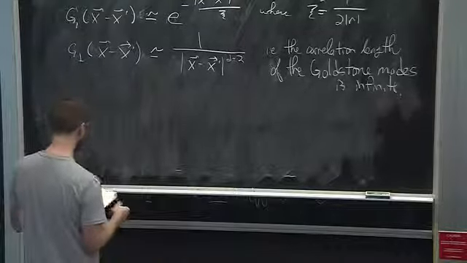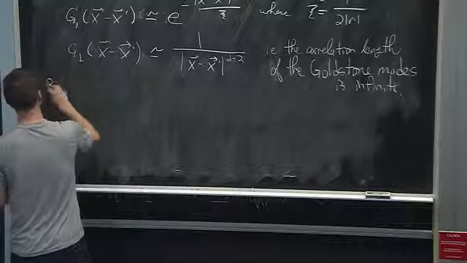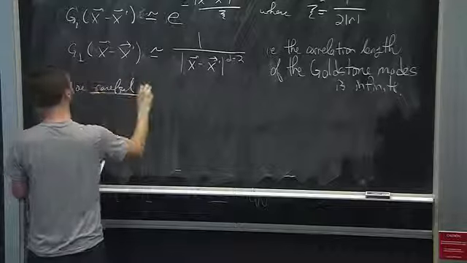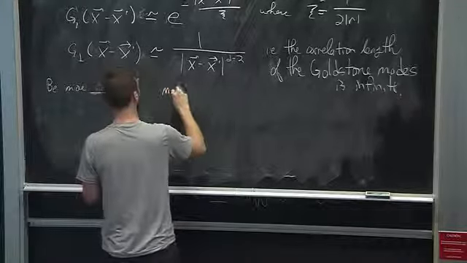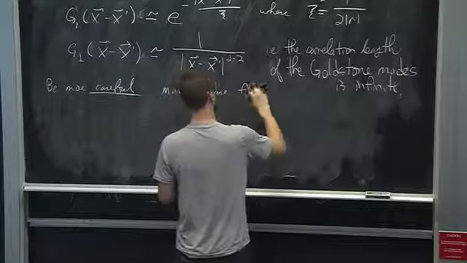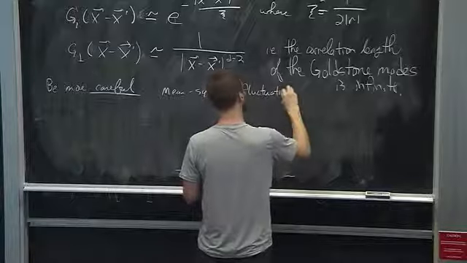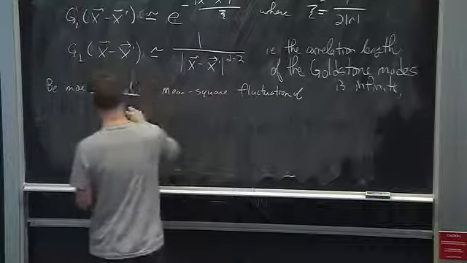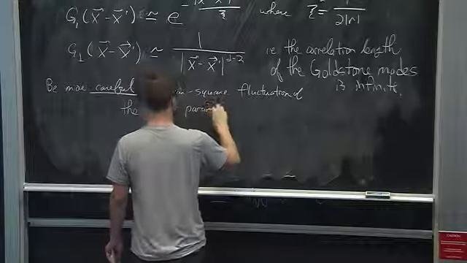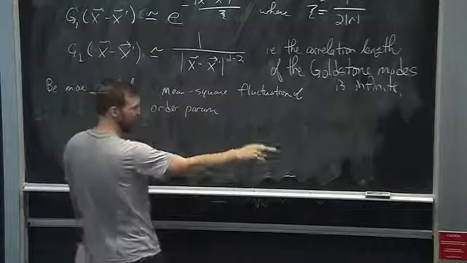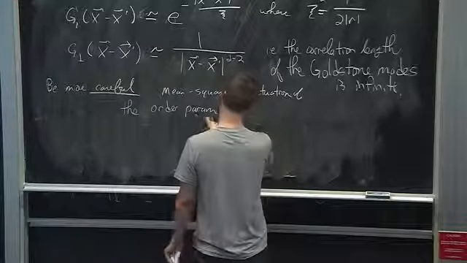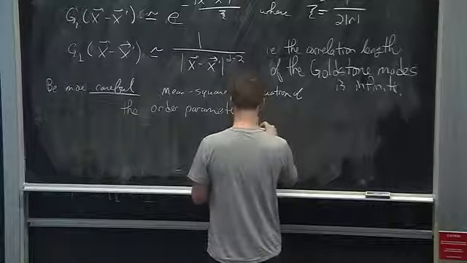Those things are vectors, so let me be more careful. That's what that 2-point function means. It's like the mean squared fluctuation of the order parameter due to the Goldstone modes.